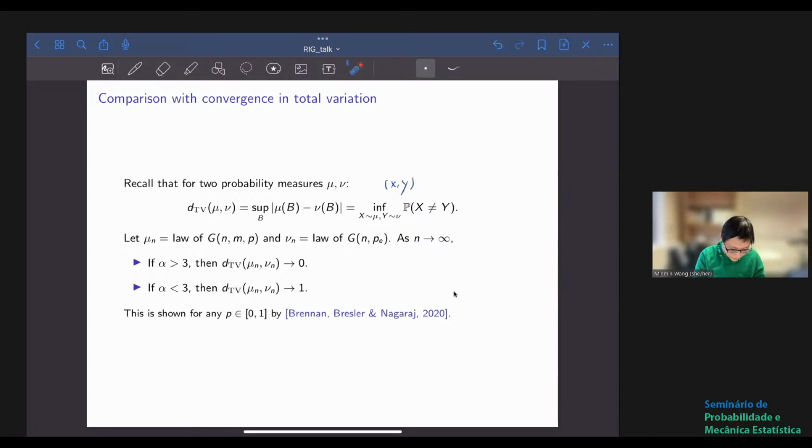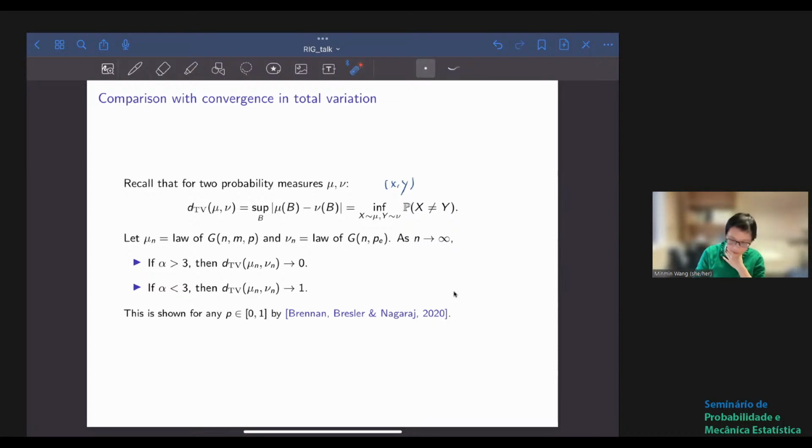If alpha is less than 3, then they're asymptotically singular with respect to each other. This is a result proved by Brightwell, Kurauskas and Rybarczyk rather recently.